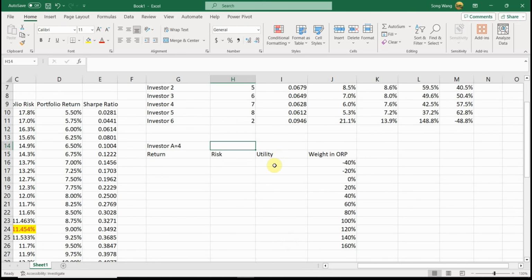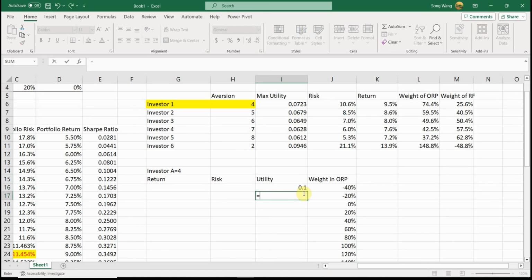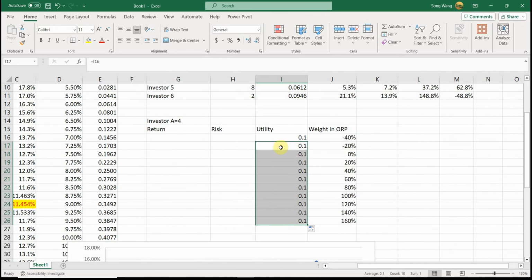We always want to have the same utility. So let me just put a random number for utility as 0.1, and then make all the numbers below it equal to the previous one. What I'm doing here is I want the utility to be constant. So if I change it to 0.06, then they all change at the same pace.